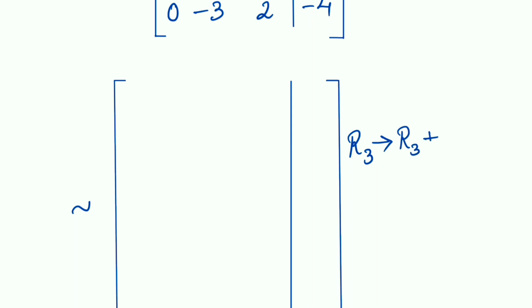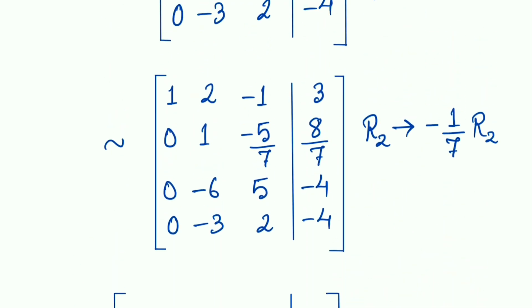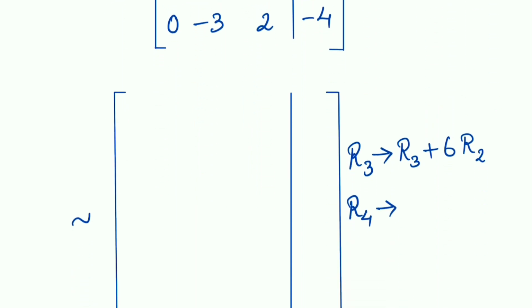That is, row 3 we will make row 3 plus 6 row 2. Together we will do operations for row 4 to reduce few steps. So for row 4 what we will do, we will multiply row 2 with 3 and then we will add to row 4, that is row 4 plus 3 row 2.